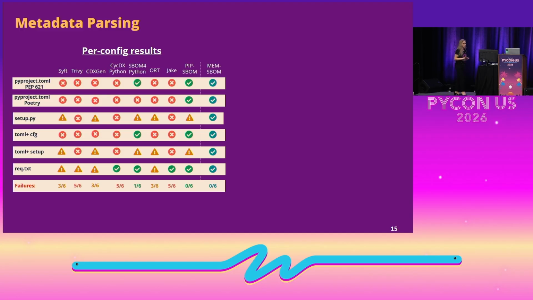We saw Syft doesn't support pyproject.toml under PEP 621, and Trivy has limited support of configuration files. We saw SBOM for Python, it's a new one, but it also has limited support of setup.py. To be honest, for setup.py, they use regular expressions.